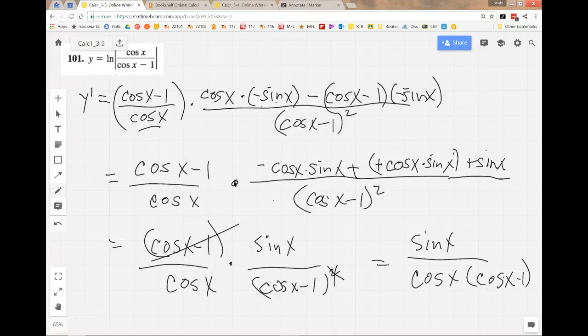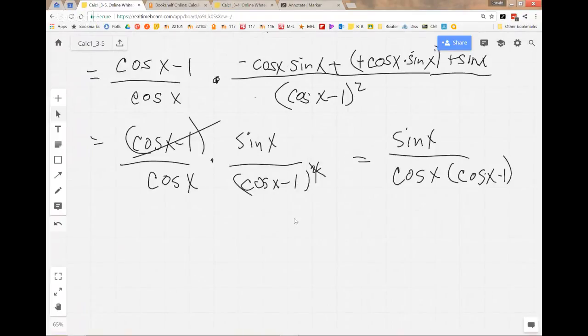All right, let's go a little bit further. That's the same as sine of x over cosine squared x minus cosine x. I'm not sure you can go any further than this.